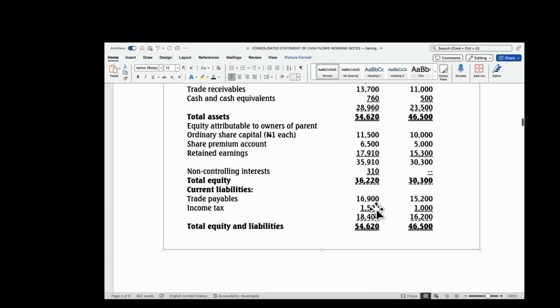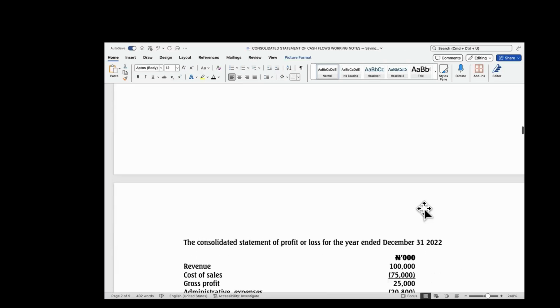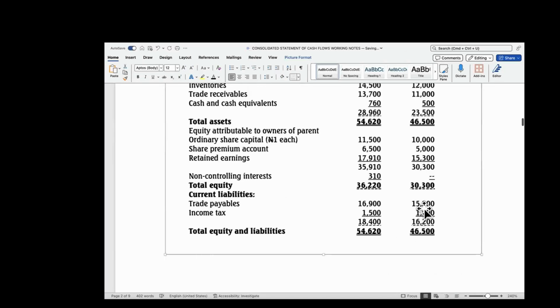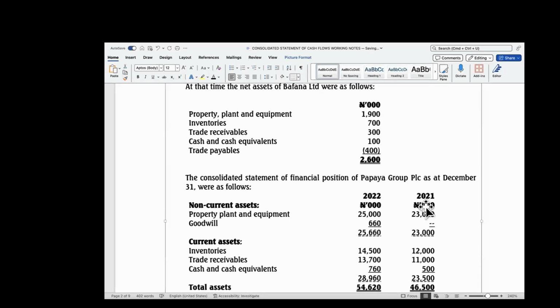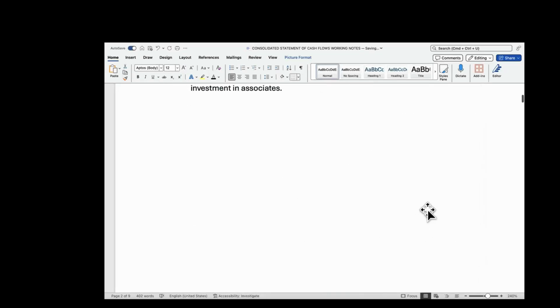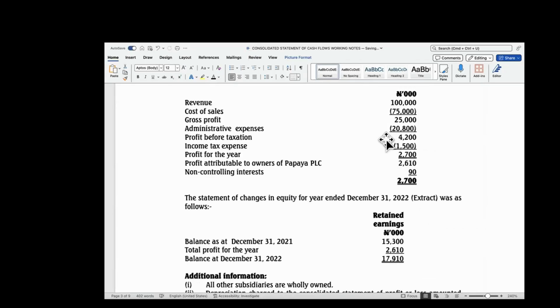It's closing that is 1,500. There was no deferred tax in this case. But what was the tax for the year? Where's the P&L? Okay, income tax for the year is 1,500.